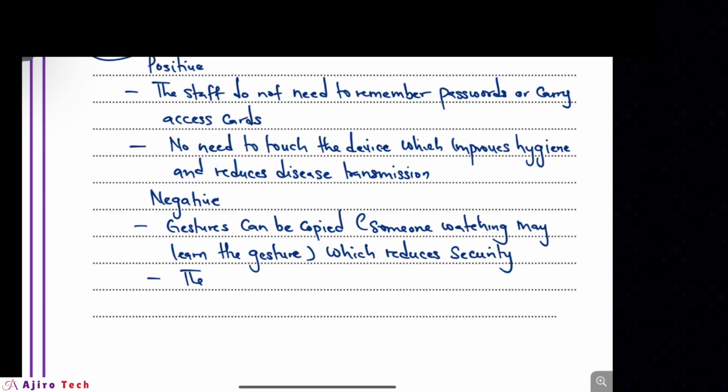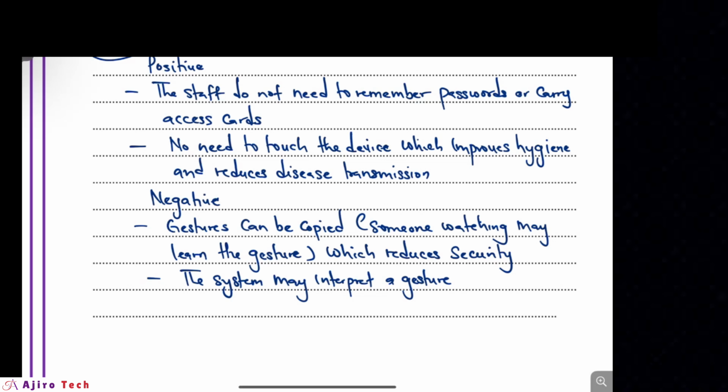The system may misinterpret a gesture. Okay, it may misinterpret, right? So that simply means that the person might be trying to do this and his hand is here, right? I wish you can see me. He's trying to wave, and then the other hand, and he might not understand that this hand is up or it's not part of it, and he might misinterpret.